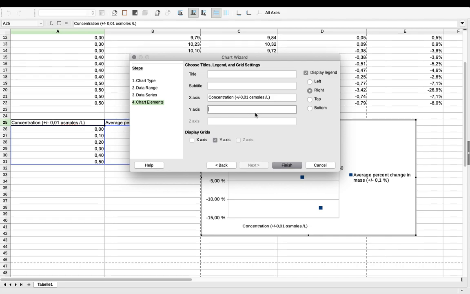And the y-axis is the change in mass: average percent change in mass, plus or minus 0.1%. And go ahead and finish that.